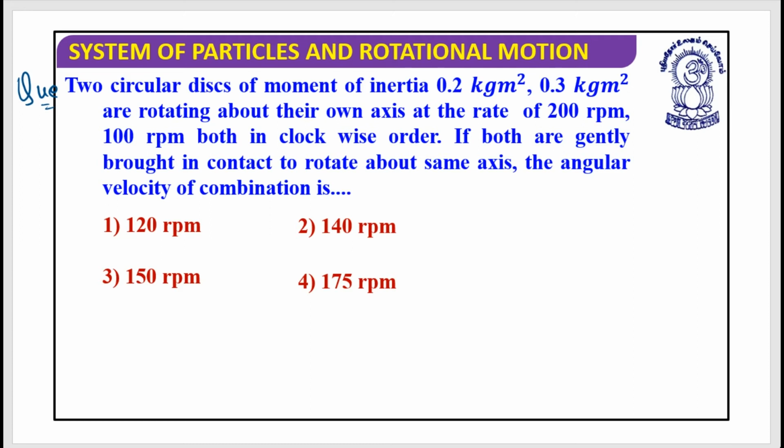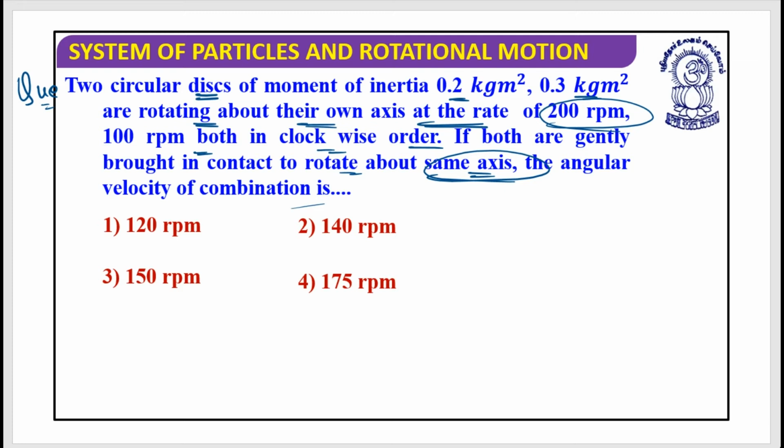The question says two circular disks of moment of inertia 0.2 kg m² and 0.3 kg m² are rotating about their own axis at the rate of 200 rpm and 100 rpm, both in clockwise order. If both are gently brought into contact to rotate about the same axis, find the angular velocity of the combination.